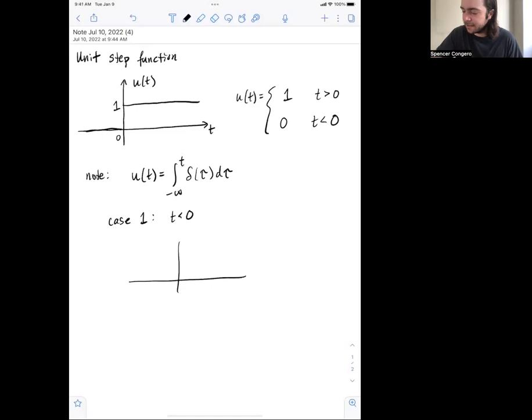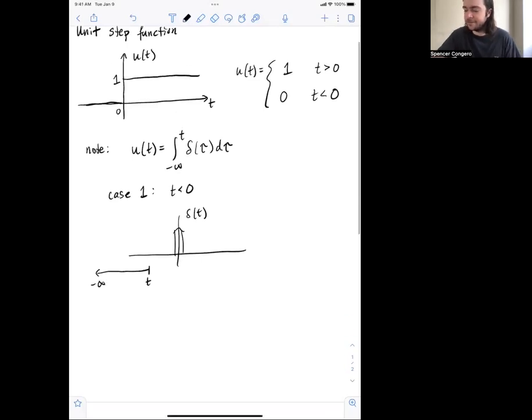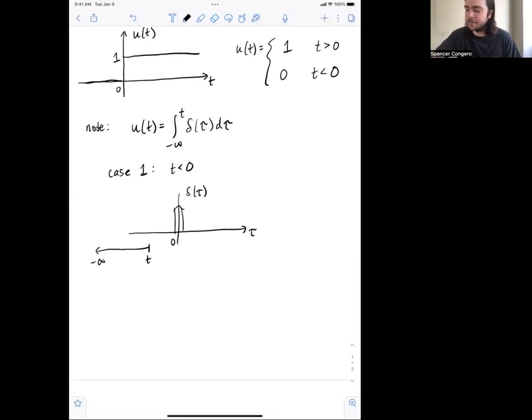Well, then I have my delta function, but I'm integrating it from negative infinity up to some value t that's less than 0. Sorry, this is my delta of tau. So what's going to be my integral of the delta function from negative infinity up to some value t that's less than 0?